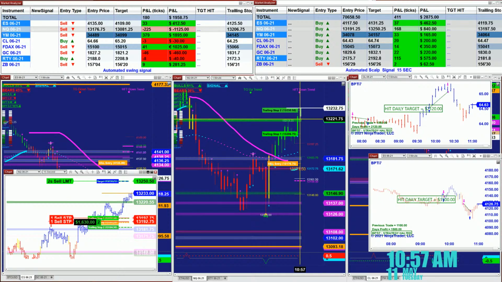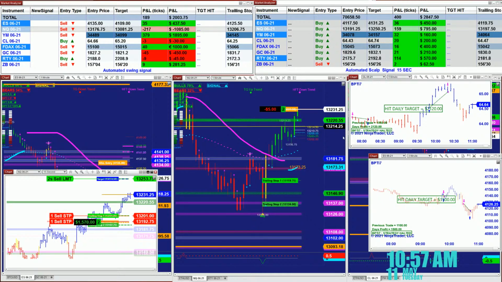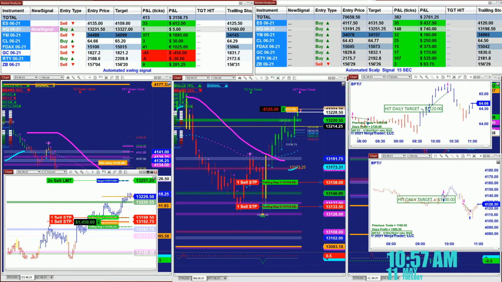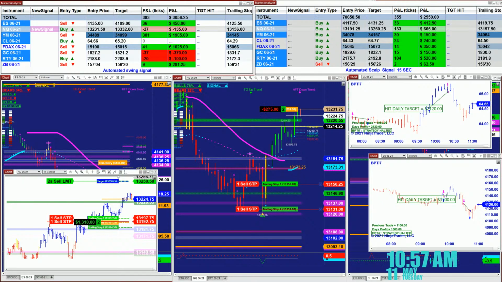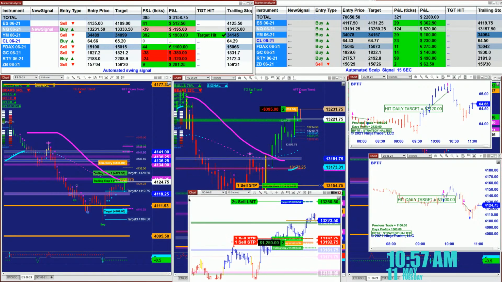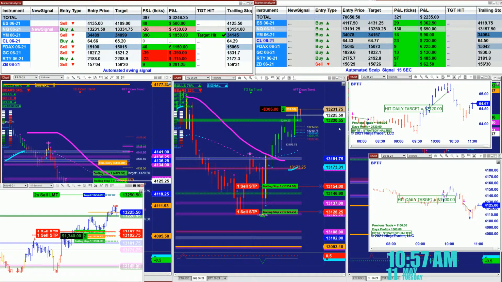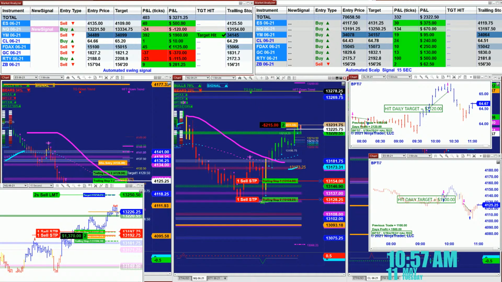So now we have crossed the 220. Now we can say we are on a $1,500 trade, and here it is. The auto trade taking that trade on the Nasdaq is okay.